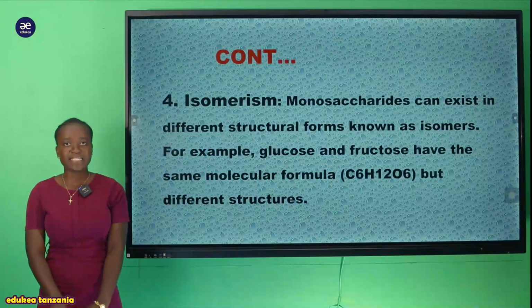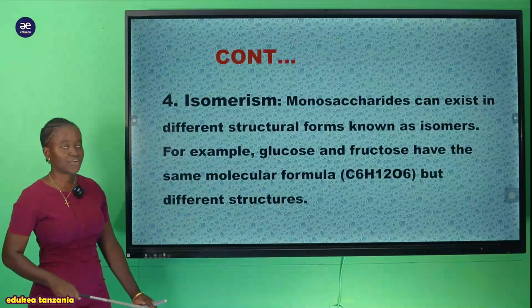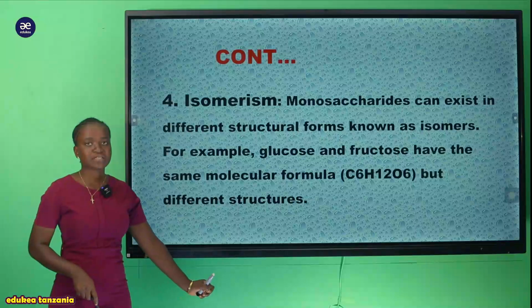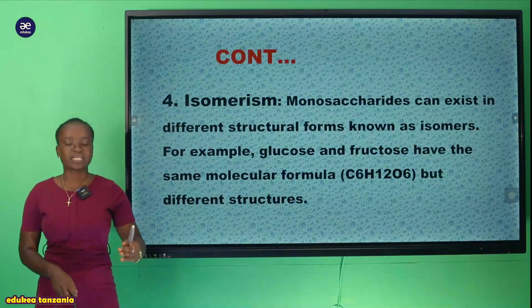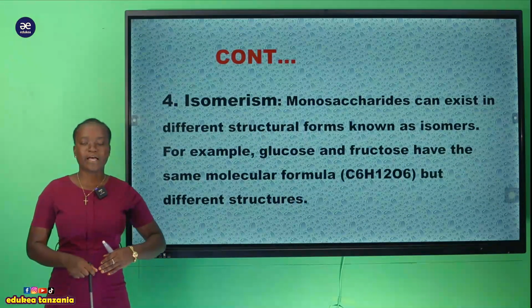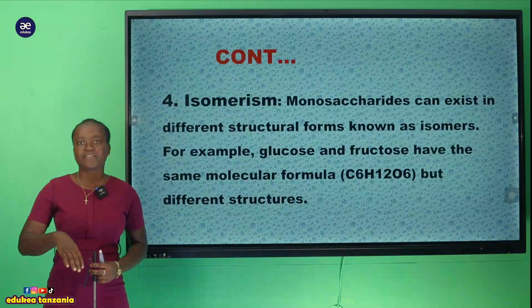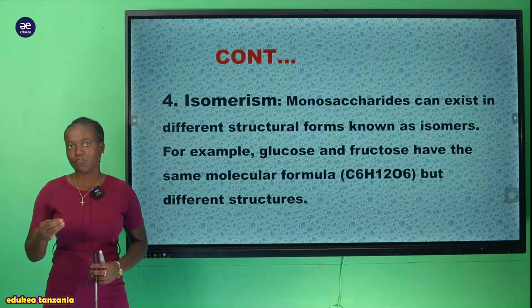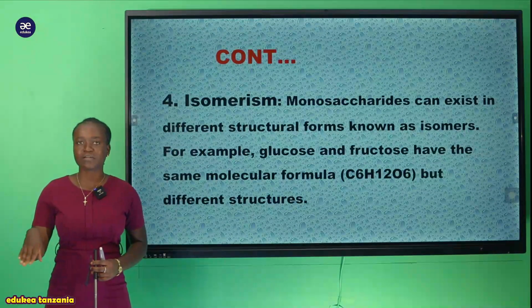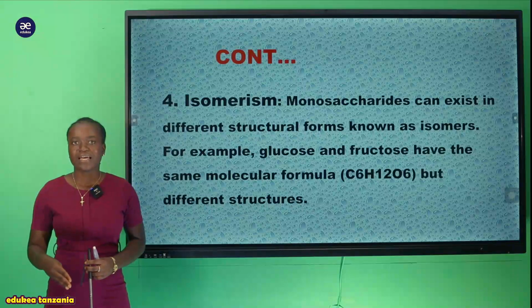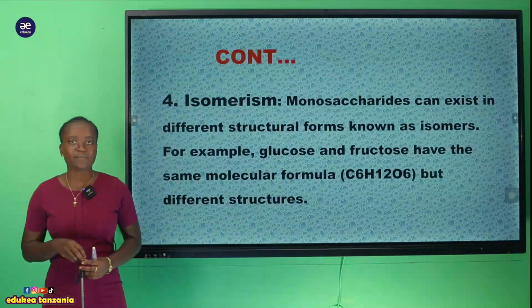We have another property of monosaccharide, that is isomerism. Isomerism is simply the process whereby compounds have the same molecular formula, but different structural formula.